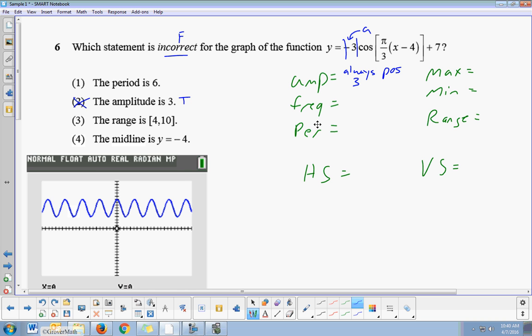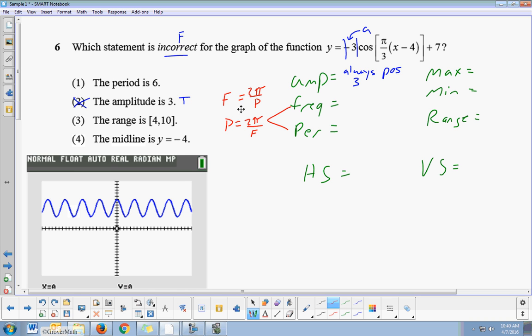Frequency and period are related to each other. Frequency is 2 pi divided by the period, and period is 2 pi divided by the frequency. So whichever one you have, do 2 pi divided by it, and you'll get the other.